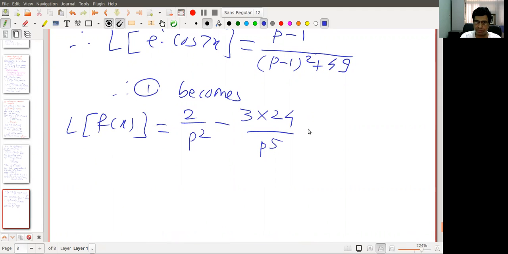So plus p minus 1 divided by p minus 1 square plus 49. Okay, so this can be further simplified.